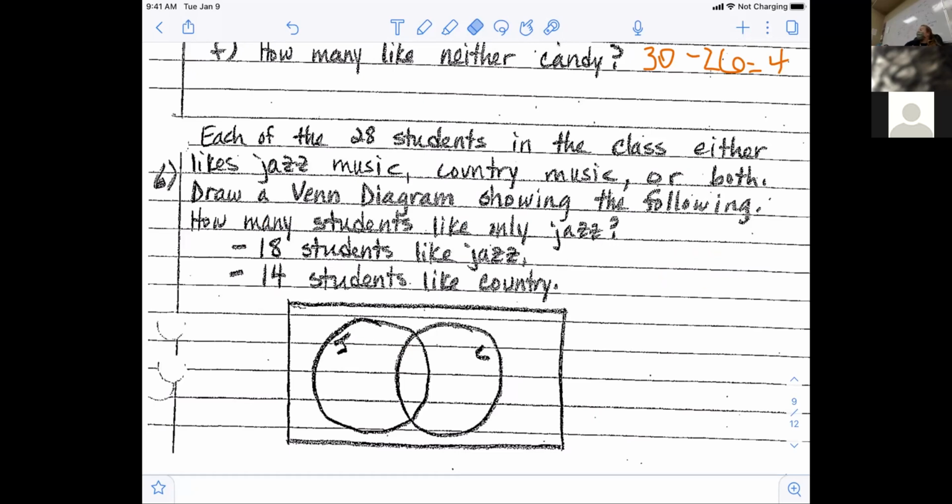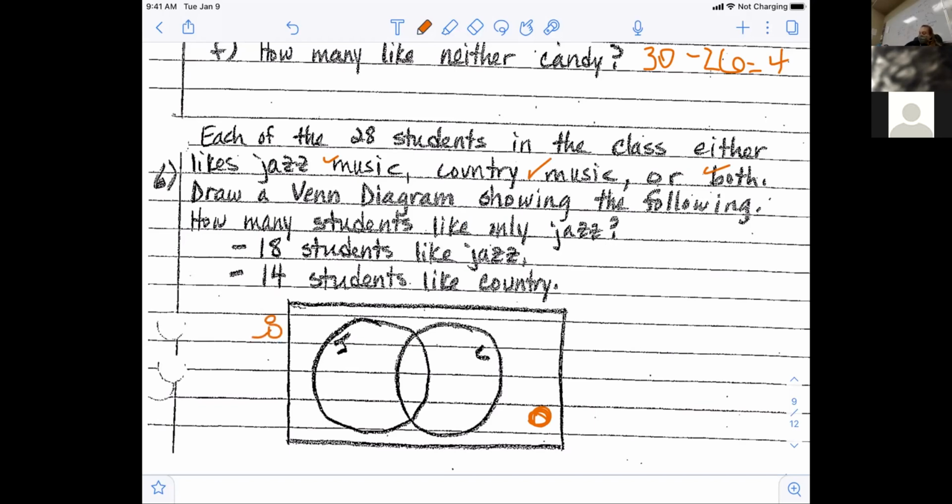No. So we're going to say there are no students that like neither. It says they like jazz, it says they like country, it says they like both, but it doesn't say that there's any kids that like neither of those types. So we're going to say that there's 0 out here. There's 0 that like nothing. There's a total of 28 kids in this class.